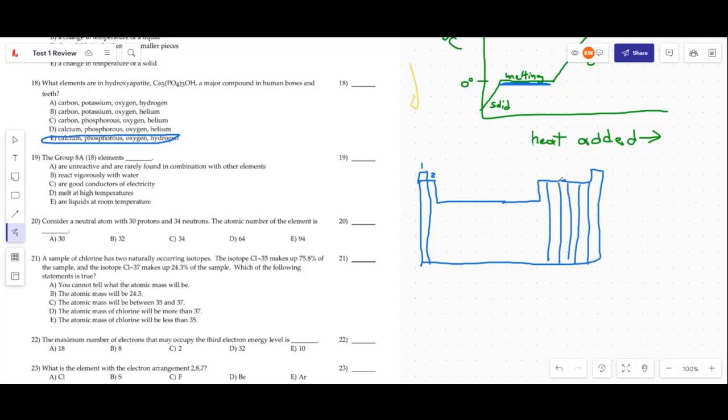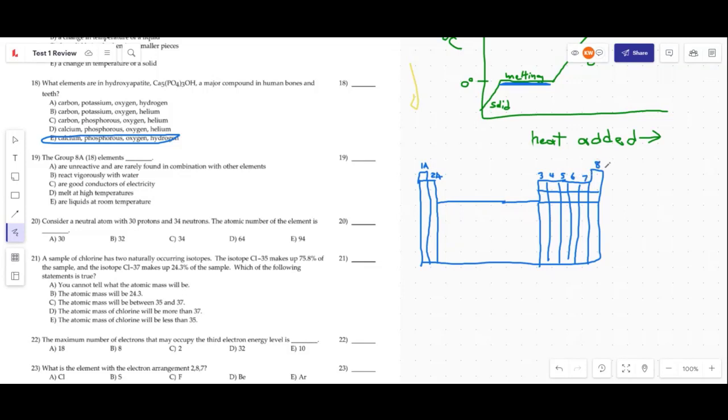So here's your A group. Your A group elements are sometimes also called representative elements. They refer to the last 6 columns and the first 2 columns. They're numbered 1A, 2A, and then 3A, 4A, 5A, 6A, 7A, 8A.